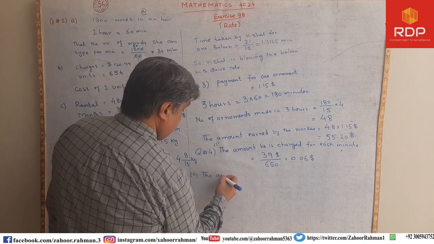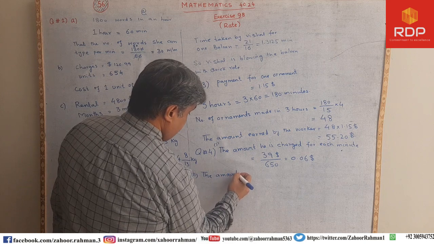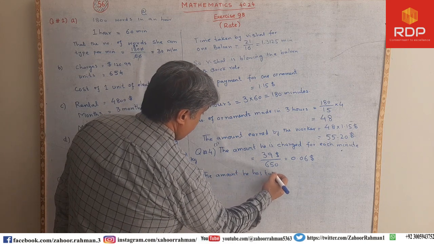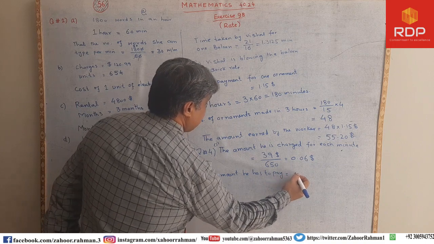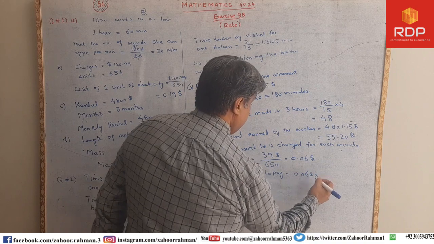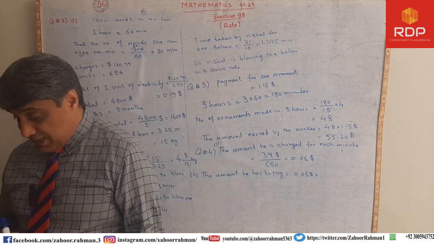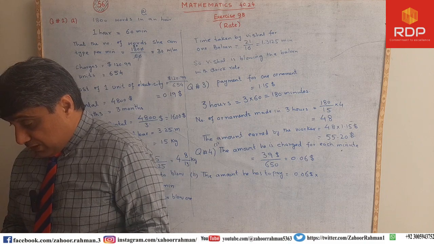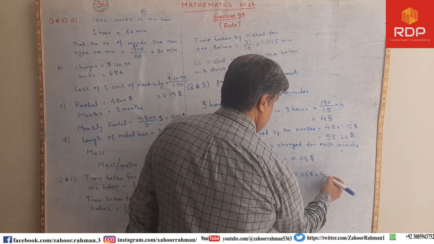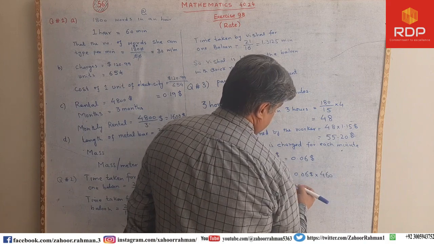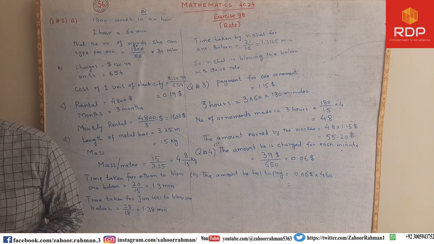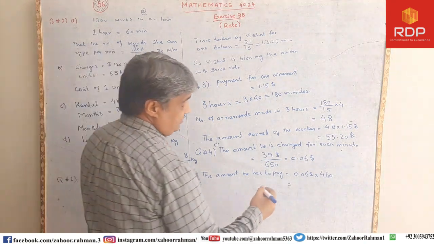The amount he has to pay is equal to $0.06 multiplied by, for how many minutes, 460 minutes. And that comes out to be 27.60.